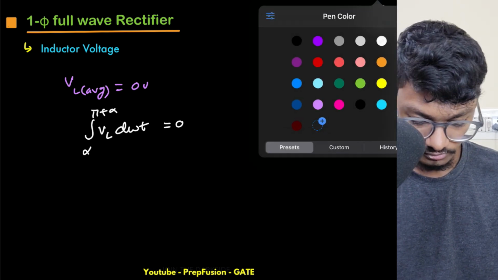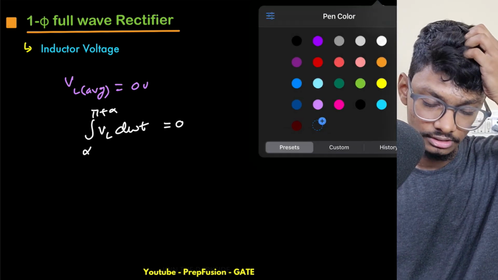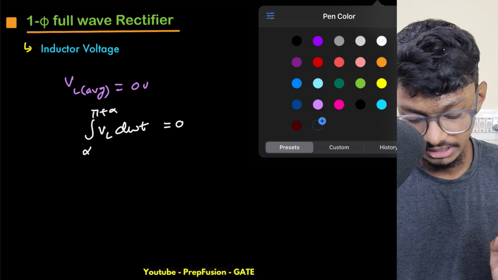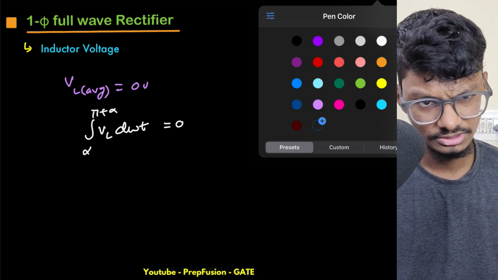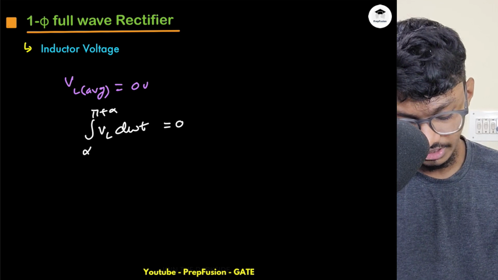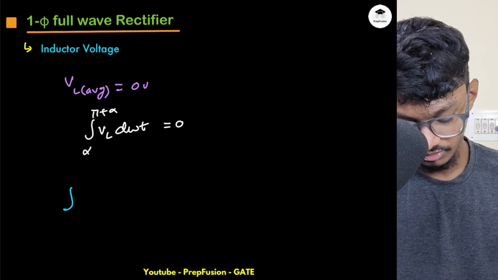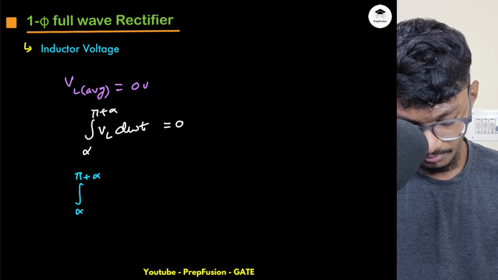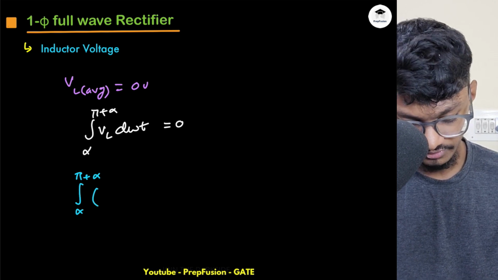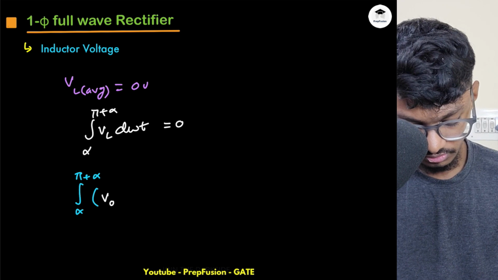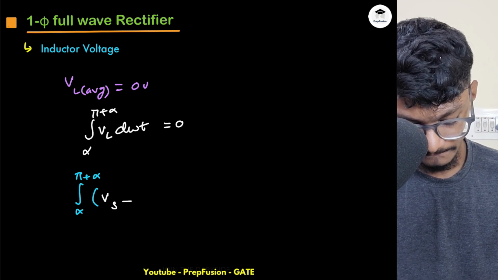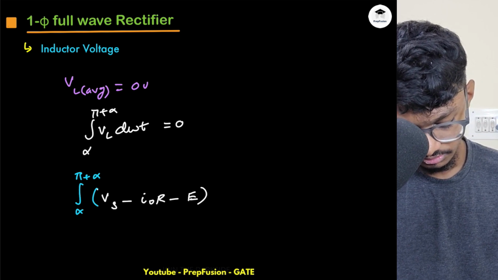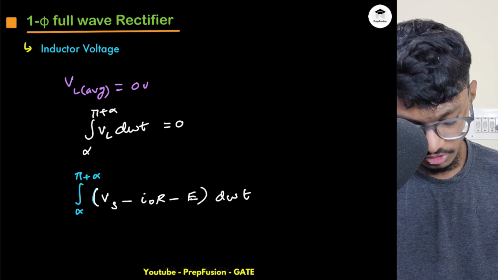Here I will expand my VL expression: the integration from alpha to pi plus alpha of VL of t, which is Vs minus IO into R minus E, d omega t, should be equal to 0.